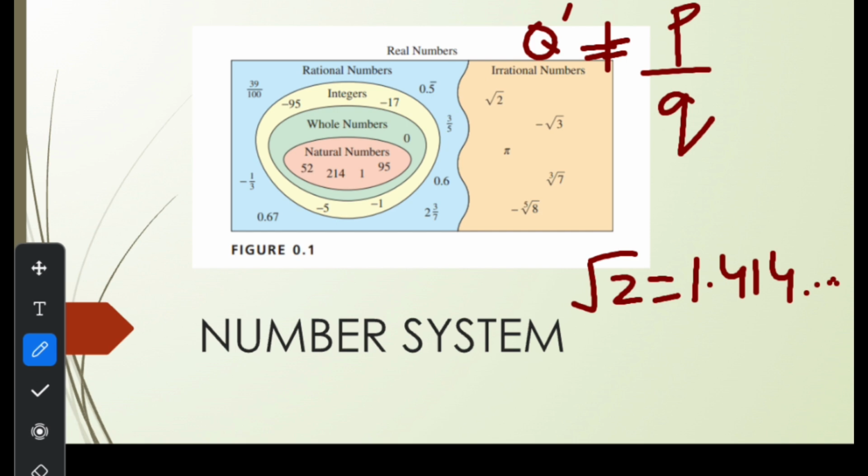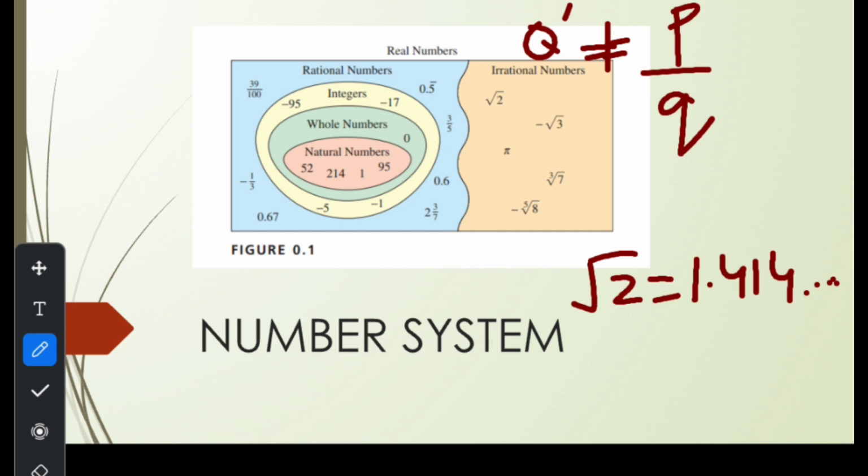Similarly, if we take the example of pi, which is written as 3.412, you cannot express pi as a fraction.